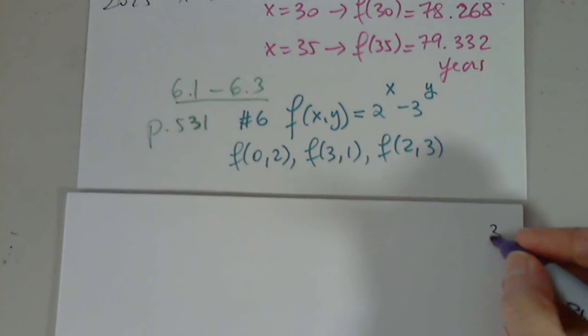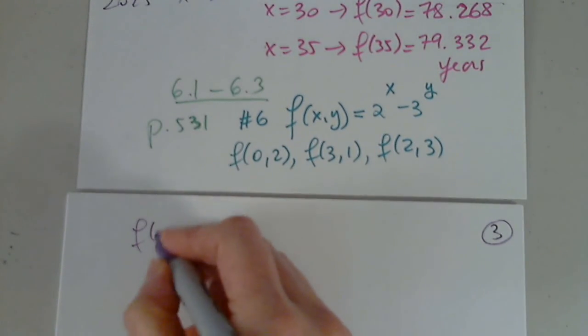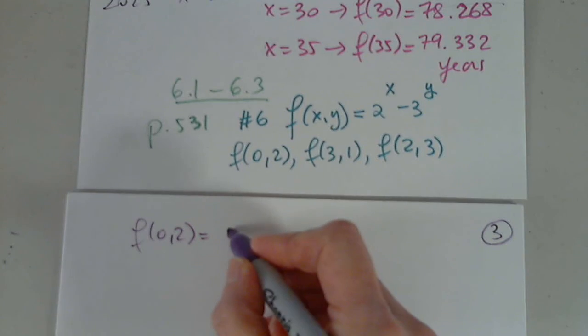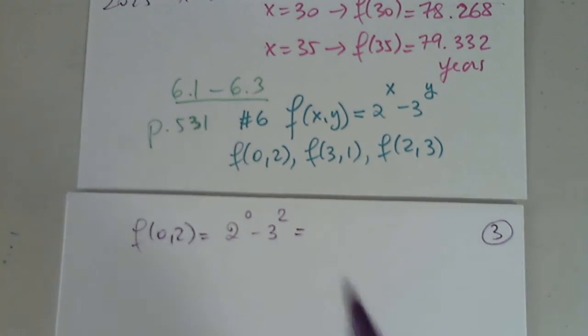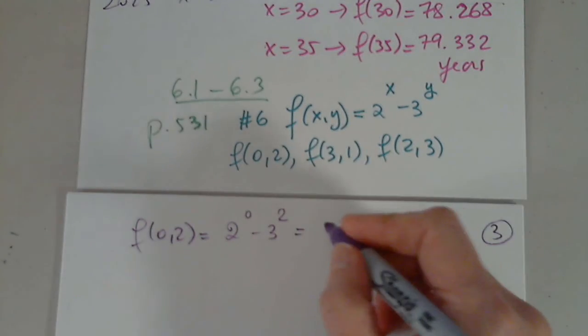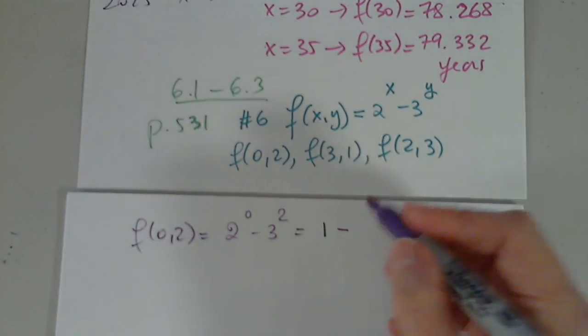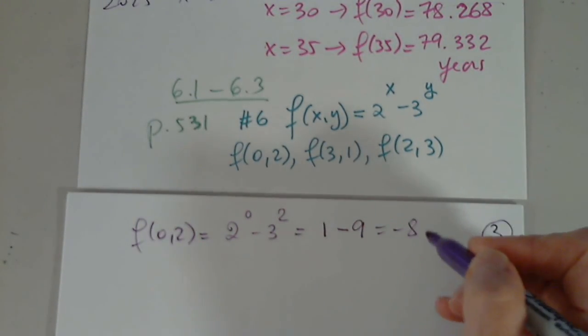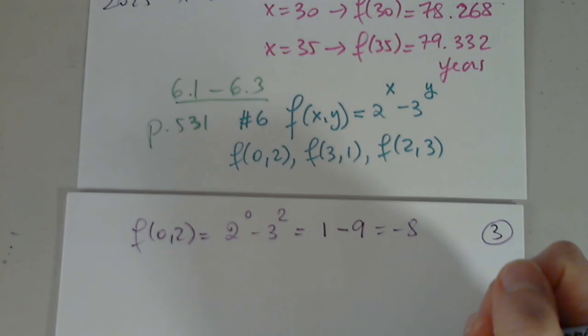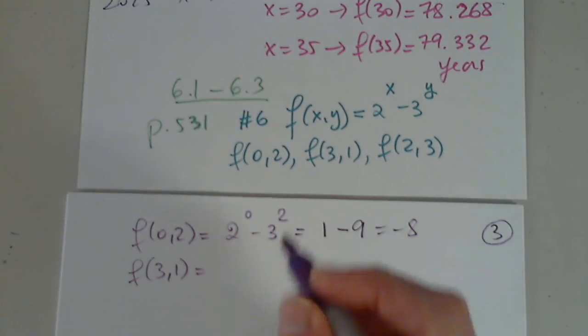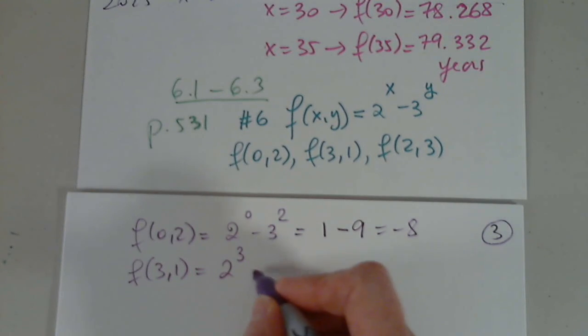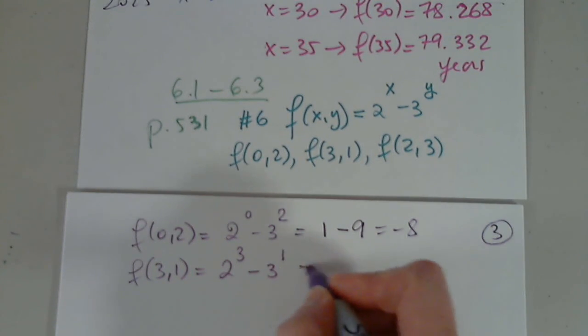I'm sure you understand. So f of 0 comma 2 will be 2 raised to 0 minus 3 raised to 2. 2 raised to 0 is 1. 3 raised to the second power is 9. So this must be negative 8. The next one, f of 3 comma 1, will be 2 raised to 3 minus 3 raised to 1.